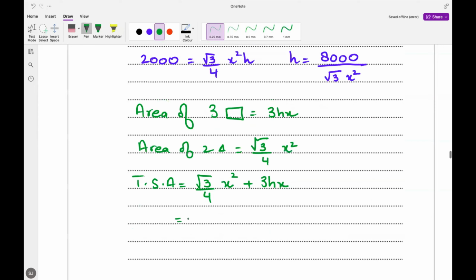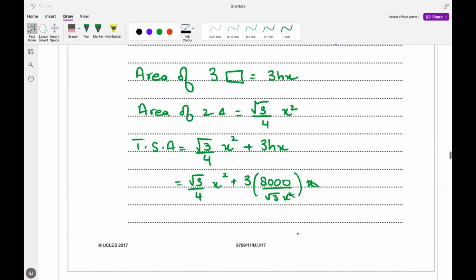So this will become root 3 upon 4 x squared plus 3 times 8000 upon root 3 x squared times x. So this x and this x will cancel out. Finally, this answer will become root 3 upon 4 x squared plus 24,000 upon root 3 x.